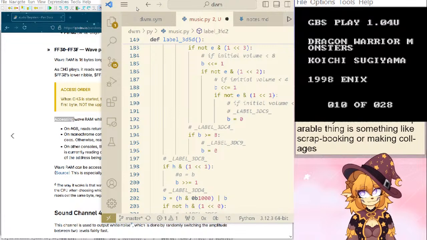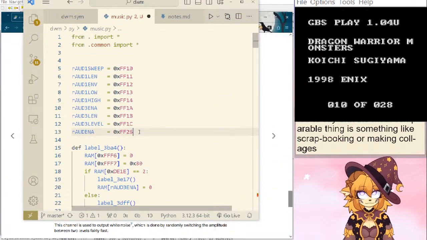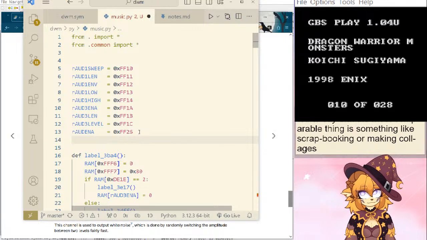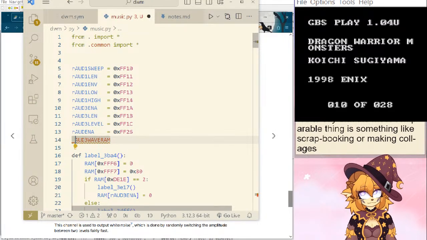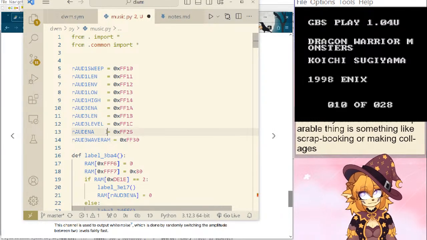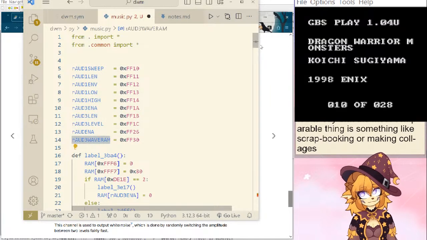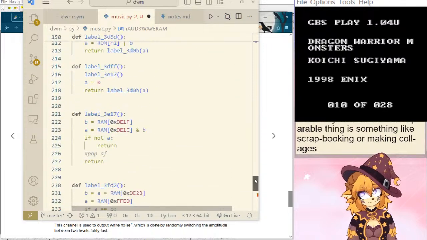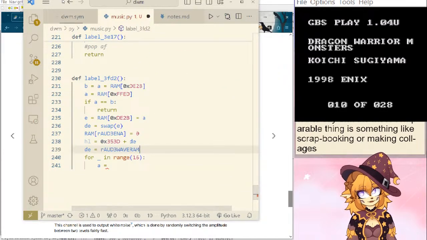I'm just gonna change this though because I want to. Wave RAM.